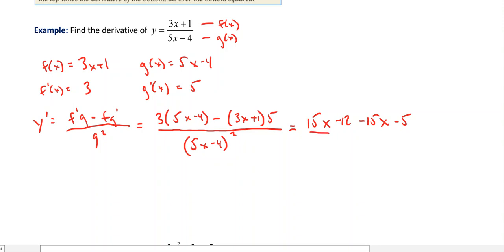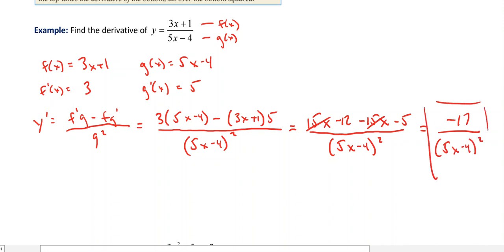All over the denominator squared, which we are not going to square once again. And then finally, these two terms cancel out, so we end up with a negative 17 over the denominator squared. And we can leave it like that. There is our derivative.